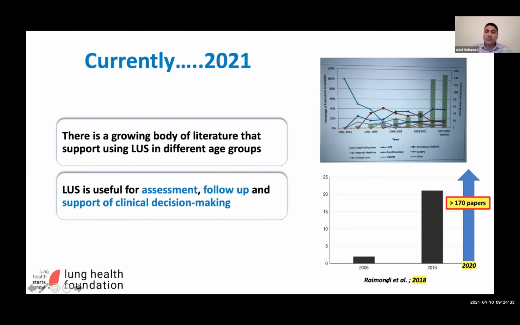This is a study conducted in 2018 by a group from Italy showing the publications compared between 2006 and 2016. And I did my own search for 2020 and found more than 170 papers published in 1 year. So people are now using lung ultrasound more and more.